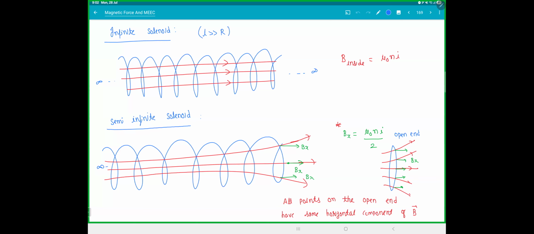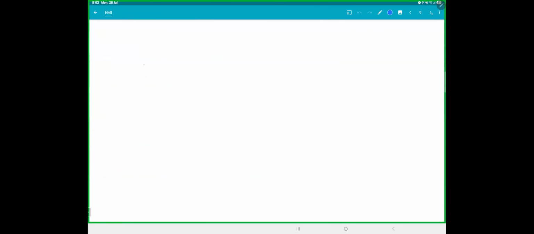Think. You're close by. See, I will just draw a cylinder.